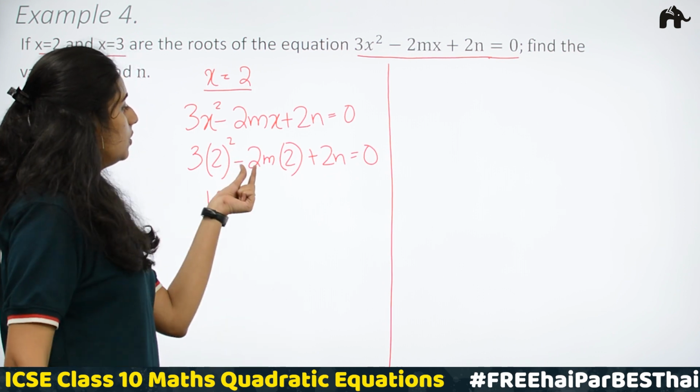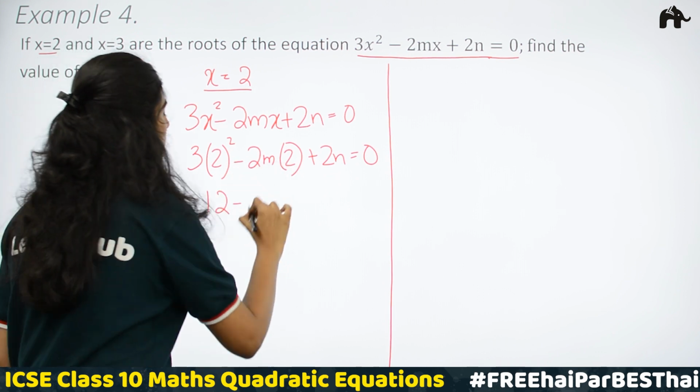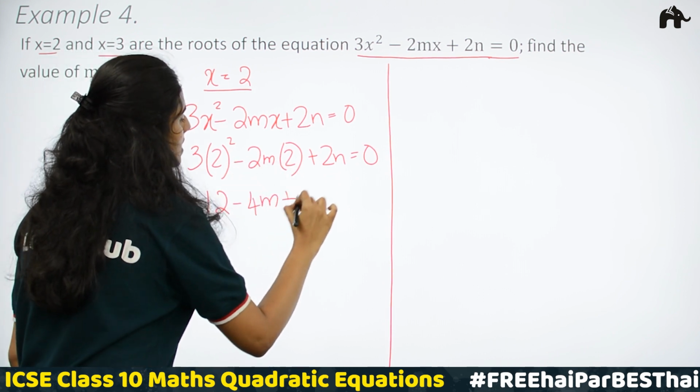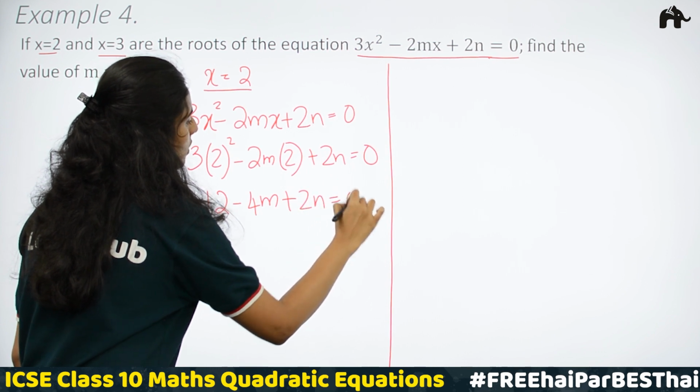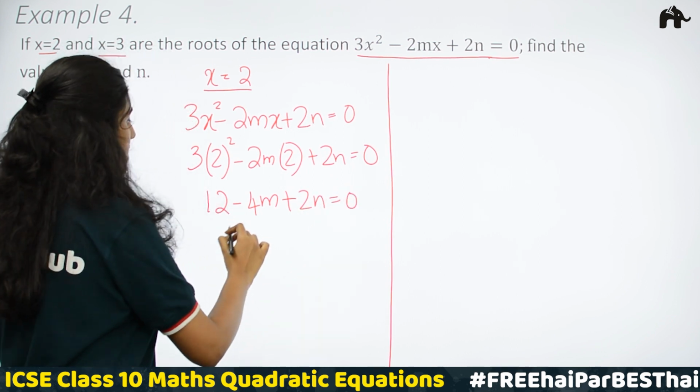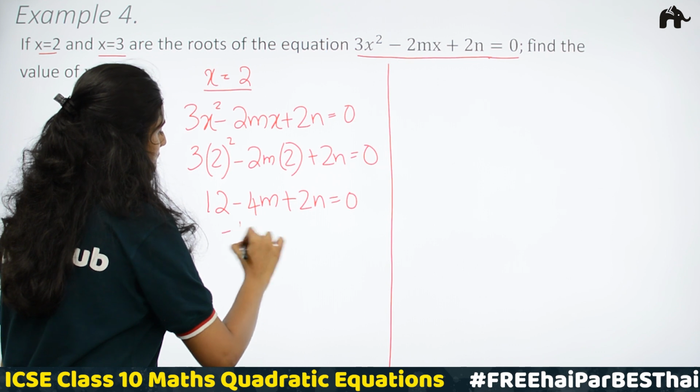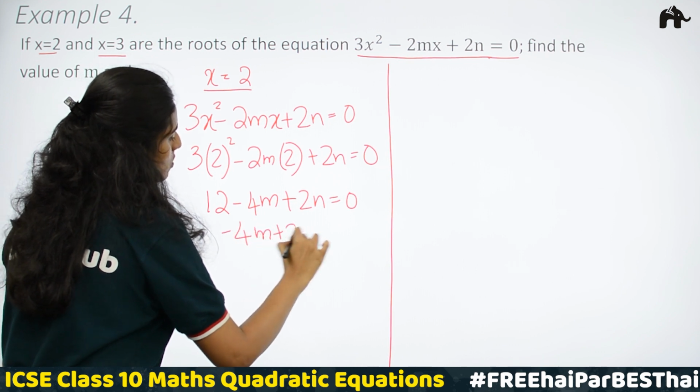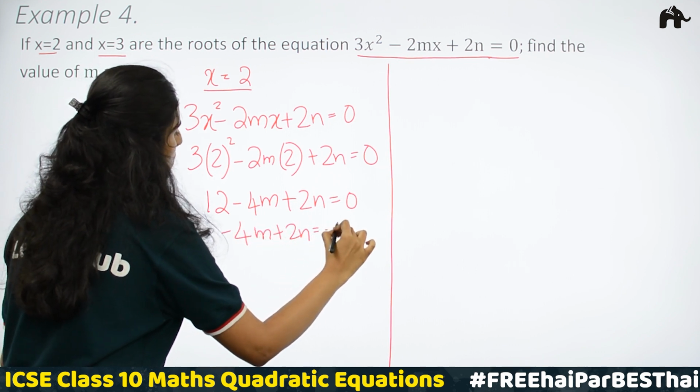Minus 2 into 2 is 4m, plus 2n equals 0. That is minus 4m plus 2n equals minus 12.